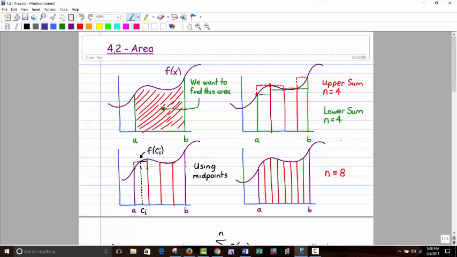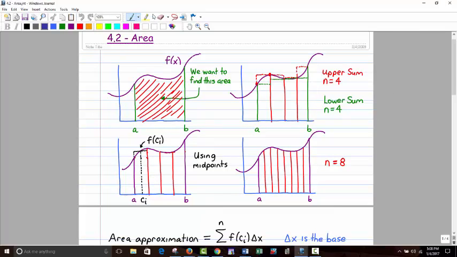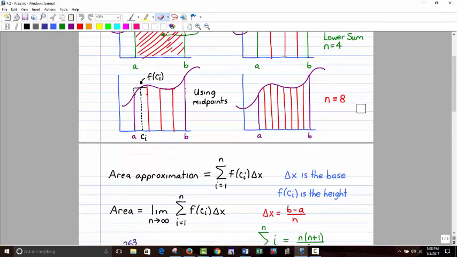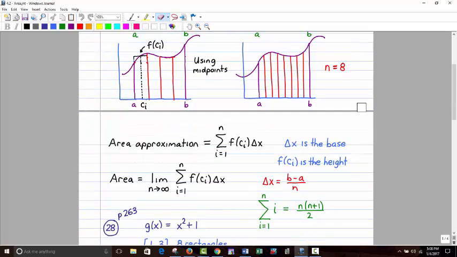So the idea is, let's say you want to find the area under a curve right here, and if you do it with some rectangles, you see it doesn't fit exactly, right? Now, the more and more rectangles you have, the fewer gaps you would have between the rectangle and the curve.